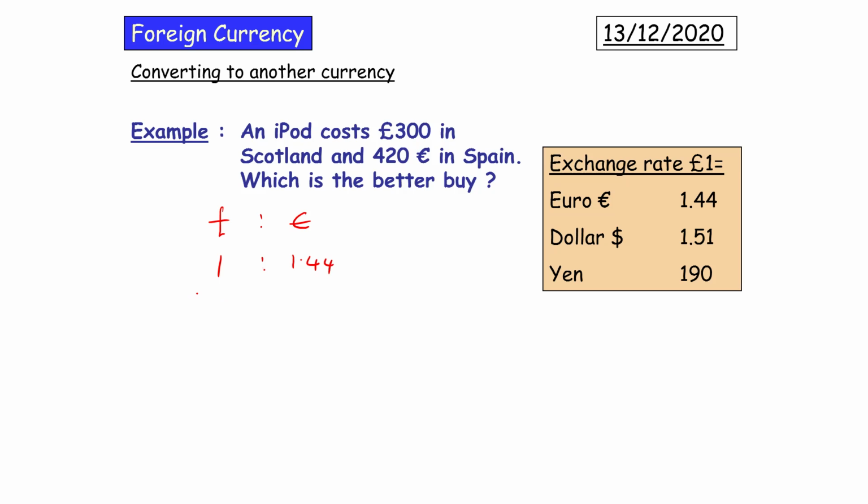So £300 is going to get me 300 times 1.44. Just going to work it out here. 144 times 3 will give me 2, carry the 1, and 12 plus 1 is 13, carry another 1, 3 times 1 is 3 plus 1, so 432 euros.